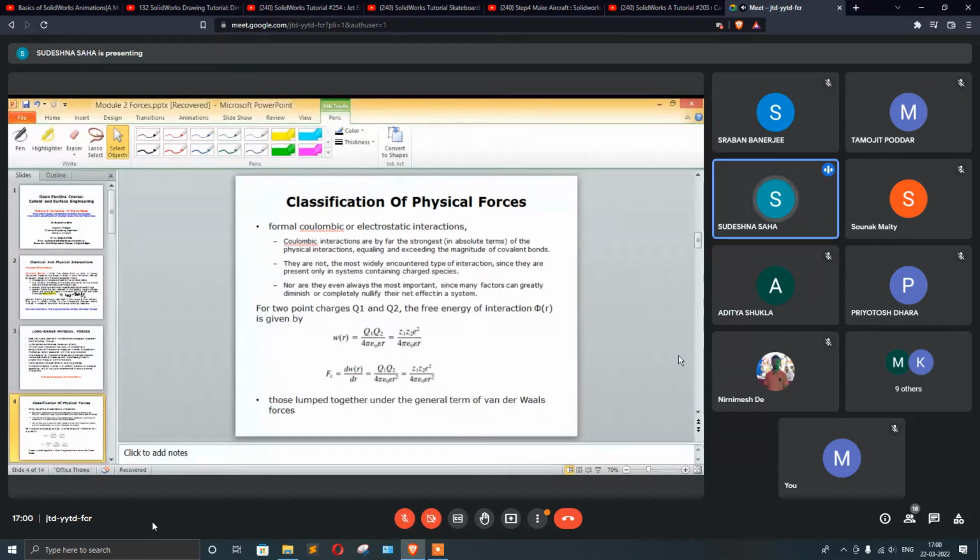However, they are not the most widely encountered type of interaction, since they are present only in systems containing charged species. Also, they are not even always the most important, since many factors can greatly diminish or completely nullify their net effect in a system.